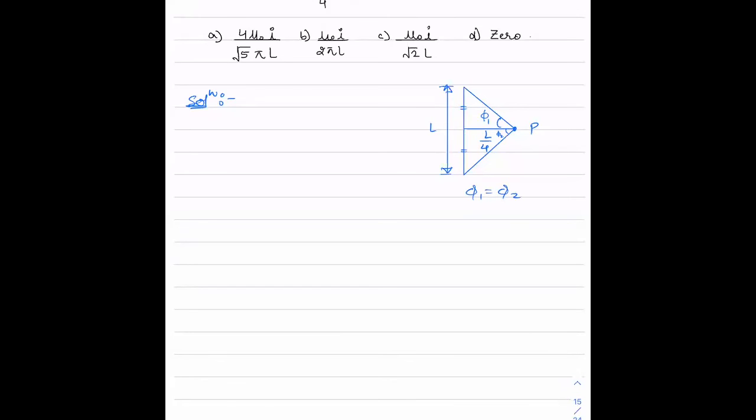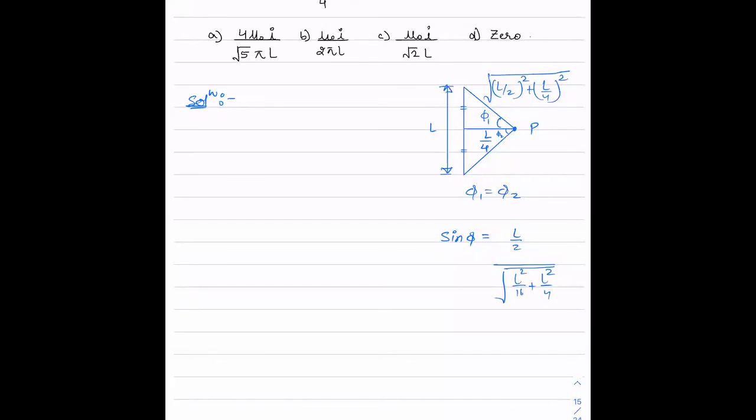So sine of phi, what will I write? I will write L by 2, and on this side it will become root over L by 2 whole square plus L by 4 whole square. So L by 2 divided by root over L square by 16 plus L square by 4.